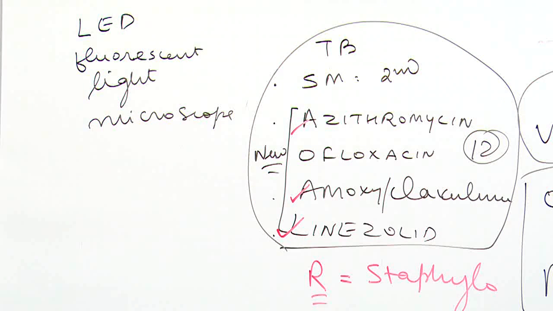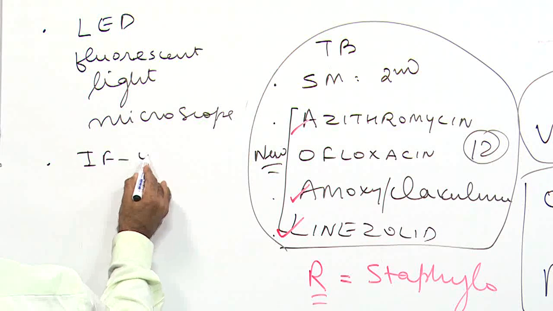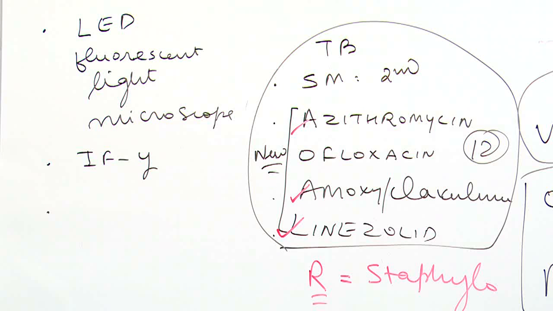This new technique we are using for identification of bacteria, and we are using it number one. Number two, the interferon gamma technique we are using to look for Mycobacterium, and of course we have the Bactec technique.